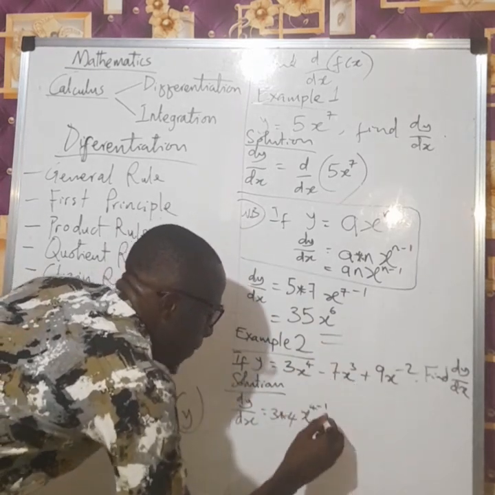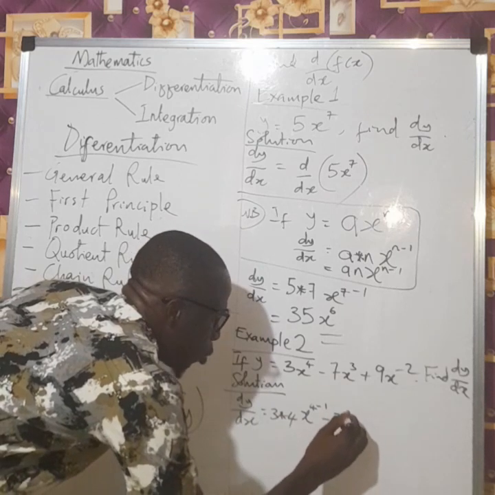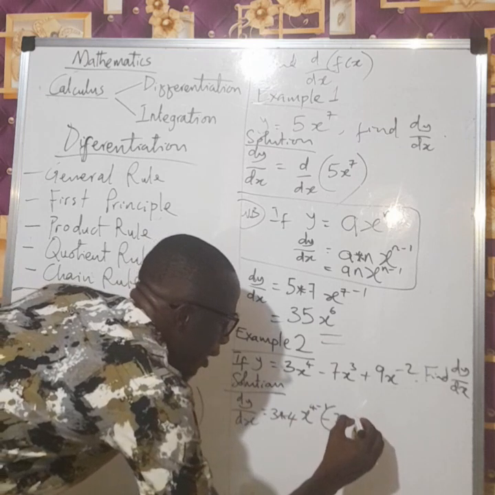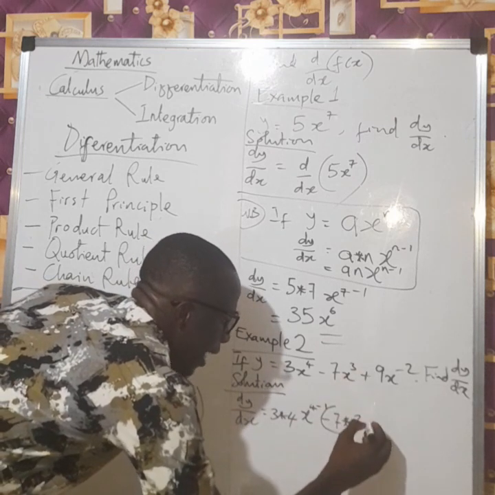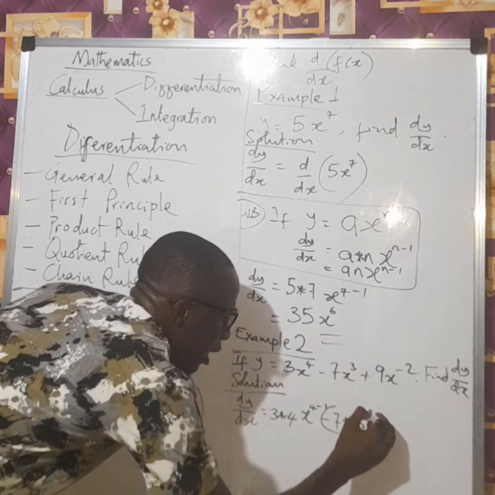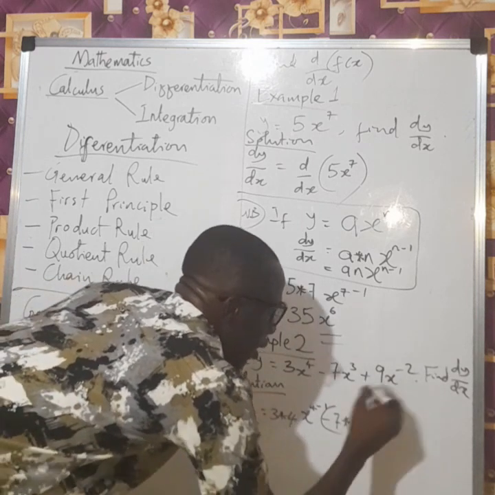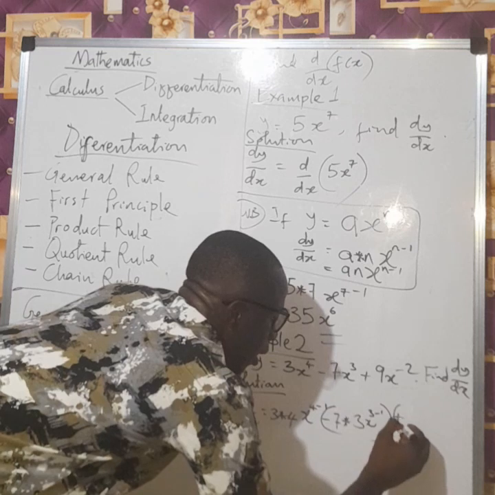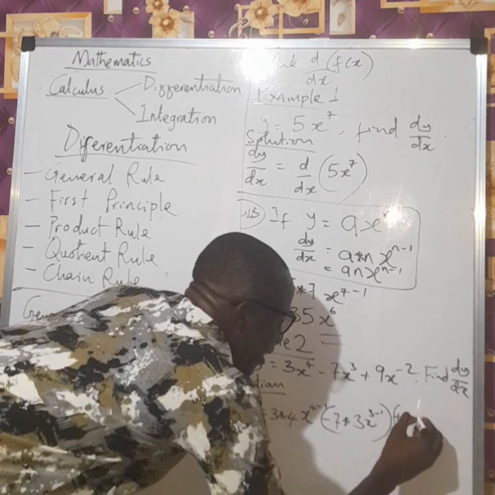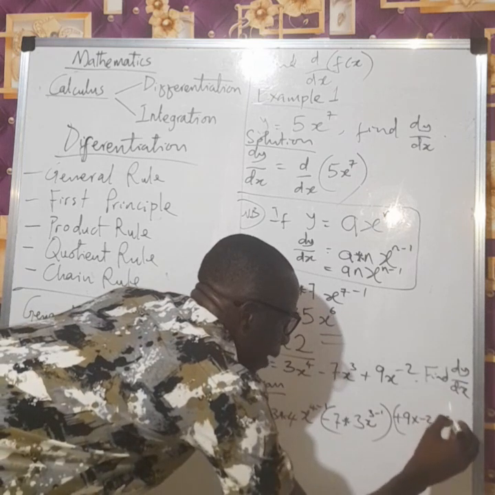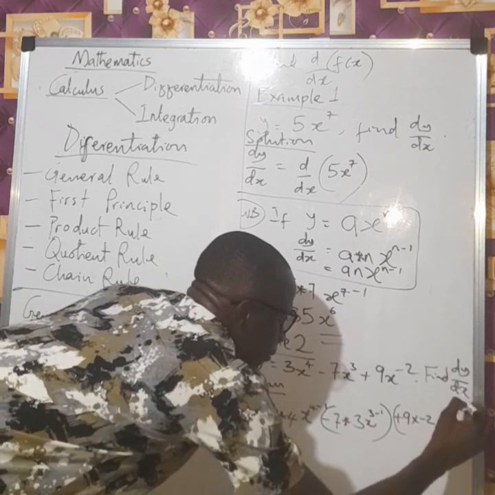The next one, minus 7 times 3, then x raised to power 3 minus 1. Plus 9 times minus 2, then x raised to power minus 2 minus 1.